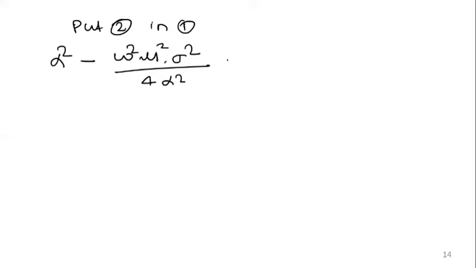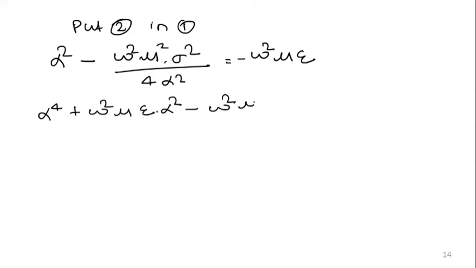So alpha square minus that is equal to minus omega square mu epsilon. So then you take LCM and do whatever steps you need. So these steps are very important. Usually they ask it for 10 marks directly. These steps you should try on your own. Okay.